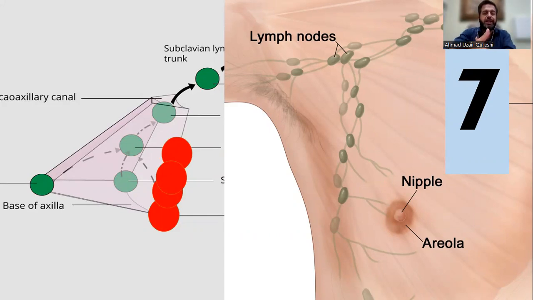So with your left hand you can examine the right axilla. You are not going to examine the same axilla with the same arm. Do not examine the medial, anterior, central and apical lymph nodes with the ipsilateral hand, right? It has to be done with the contralateral hand.